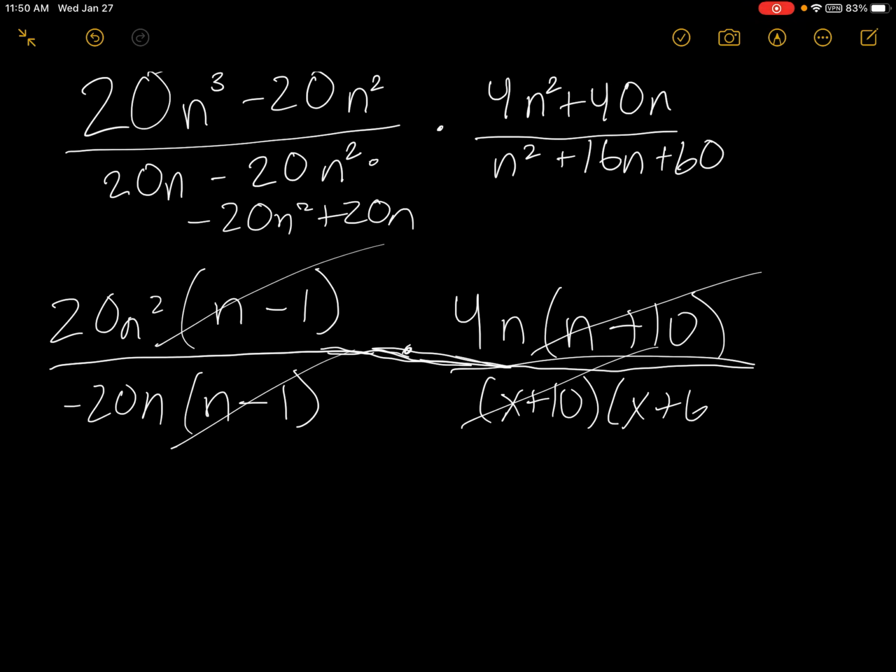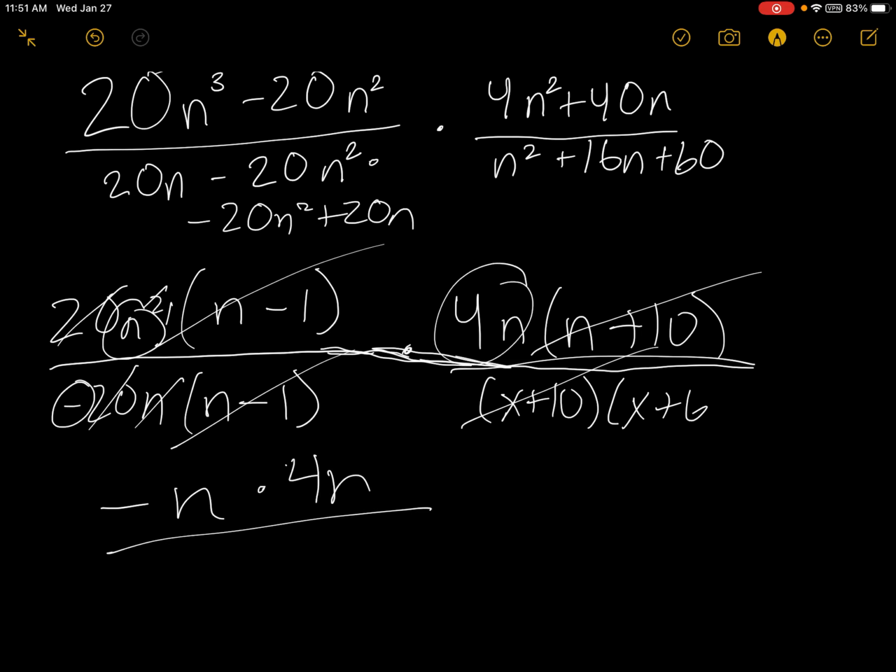And 20n squared divided by negative 20n is just negative n, right? This cancels this out, and then this cancels out 1n, and we're left with just an n, but it's negative, right? And then we also have times 4n, because that's what was left over here, that's our numerator.